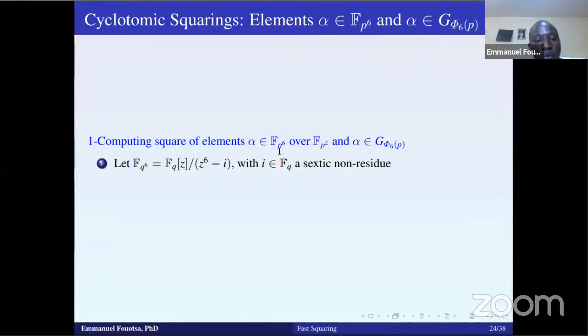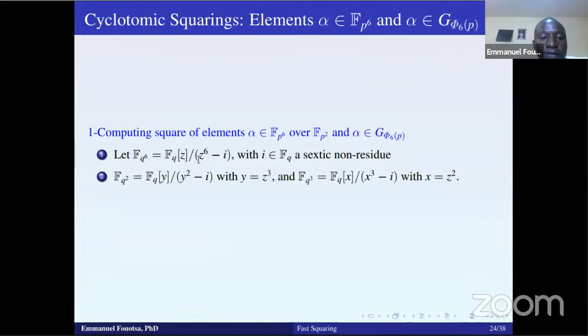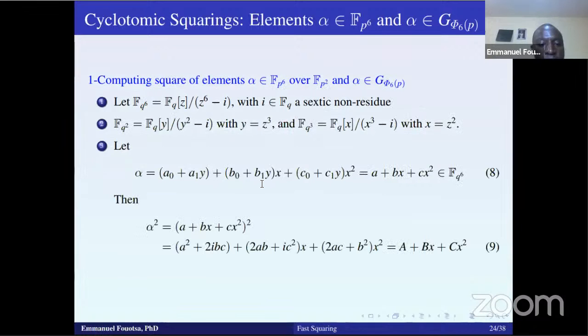Then we can construct FQ6 as follows, as an extension of FQ of degree 6, or we construct this as an extension of degree 2, then of degree 3, as given by this relation 2, so that if you take now an alpha, an element in FQ6, it can be written like this: A plus BX plus CX squared, where A, B, and C belong to FQ2, and each of A, B, and C can be written also in the basis 1, x and x squared, like this.